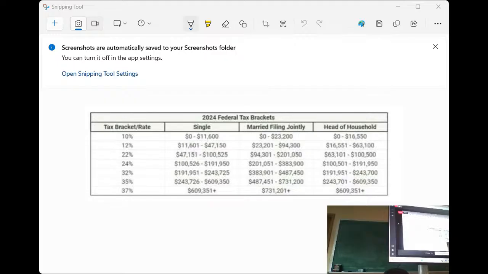I did the calculation for the rest. It should just be the salary number times the 7.65%.